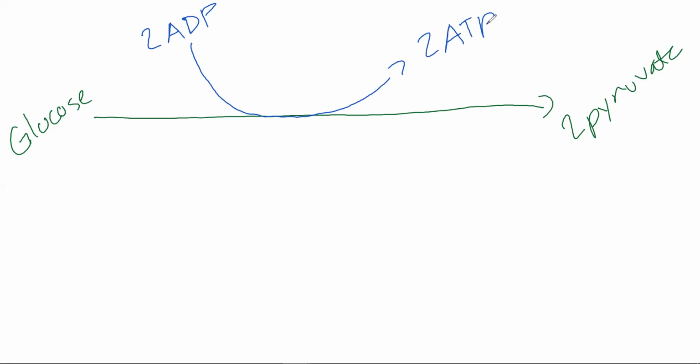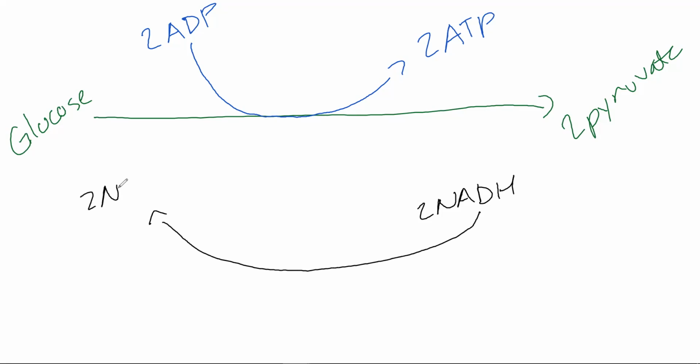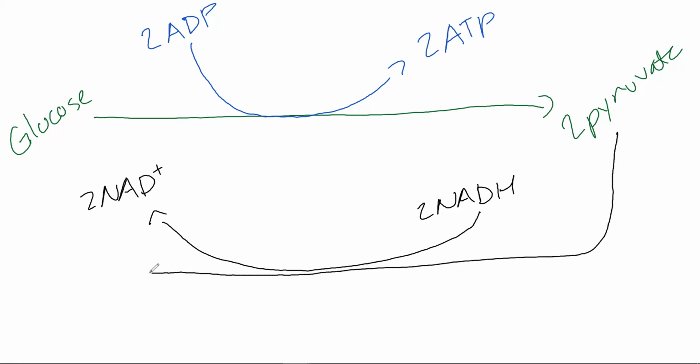And when glucose makes pyruvate, your main thing now is that pyruvate gets to produce 2 NADH. So that 2 NADH will give off an electron to produce 2 NAD+. Your pyruvate will take advantage of that electron's production and make lactate, which looks like this.